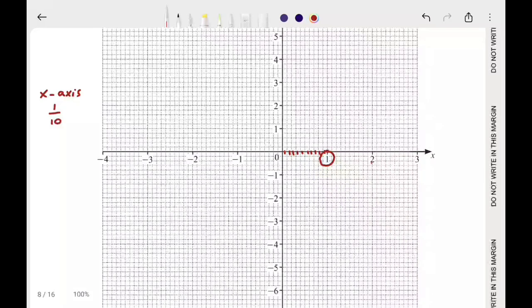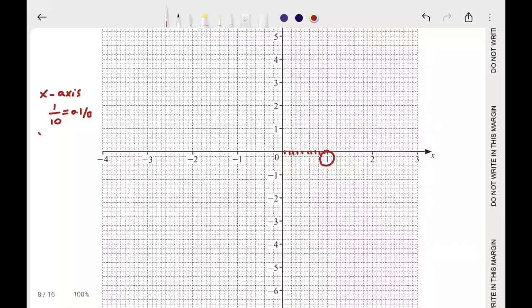You can also take 2, but for that purpose you have to divide 2 by 20. That is a long procedure, otherwise this is a very simple way. So 1 divided by 10 is equal to 0.1 for one box.